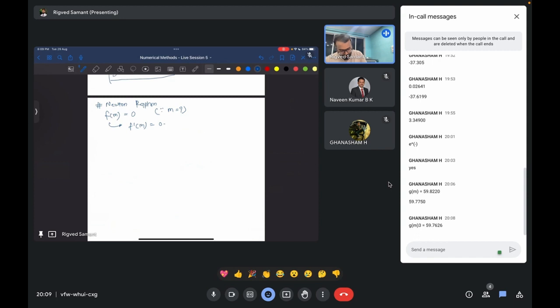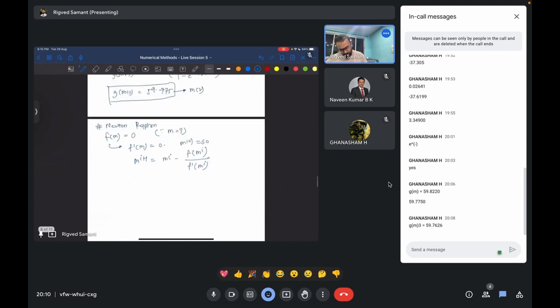So here you will put m0 as 60 in both cases, and then you will use the formula m of i plus 1 is equal to m of i minus f of m of i divided by f dash of m of i.